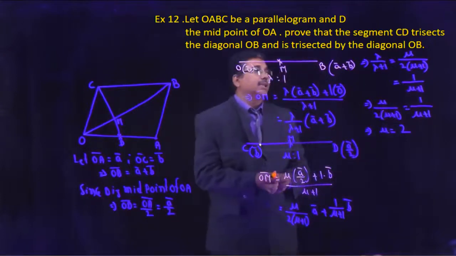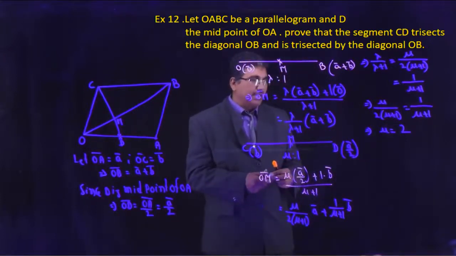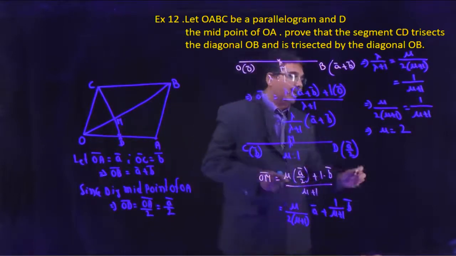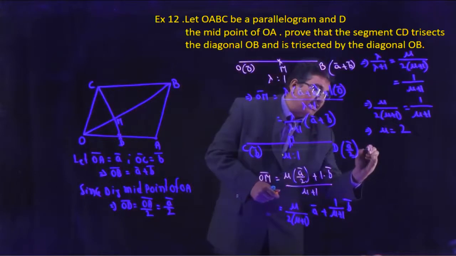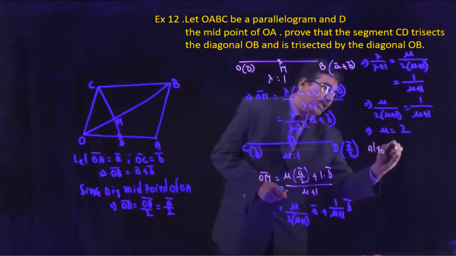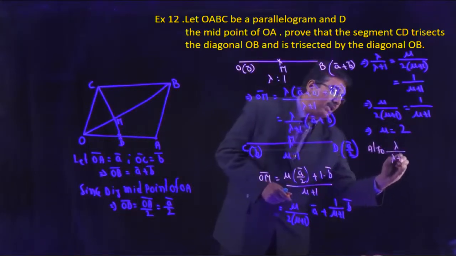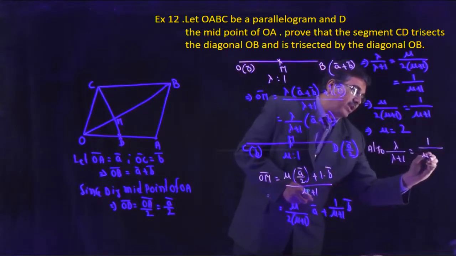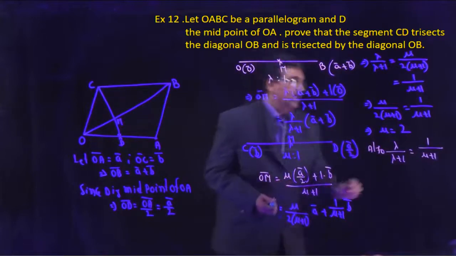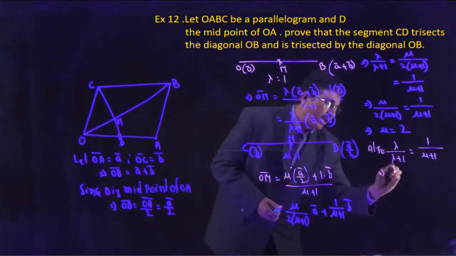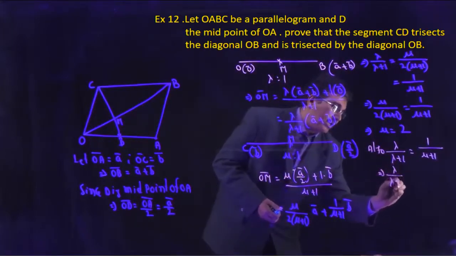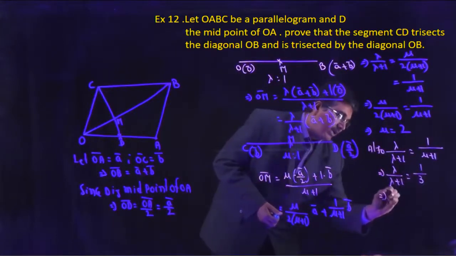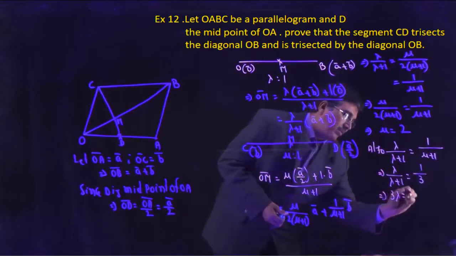That implies lambda by lambda plus 1 is equal to 1 by mu plus 1. That implies lambda by lambda plus 1 is equal to 1 by 3. 3 lambda is equal to lambda plus 1.